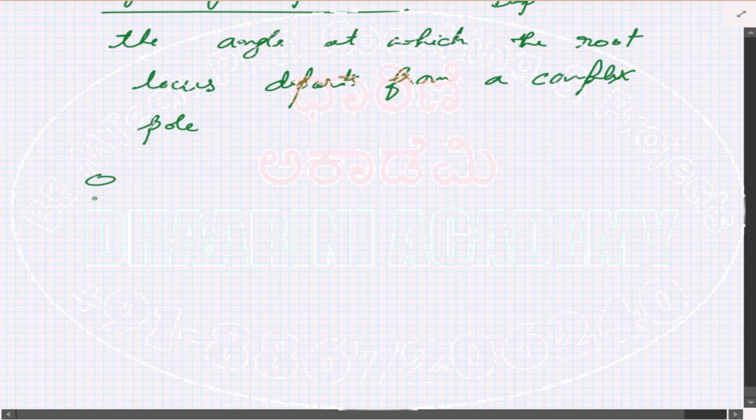So the phi departure can be calculated as 180 degrees minus, so I have to take a sum here.